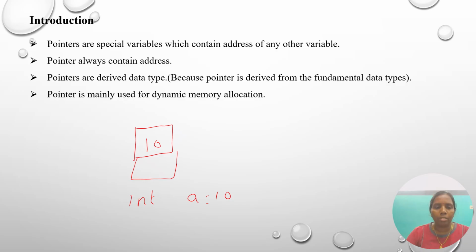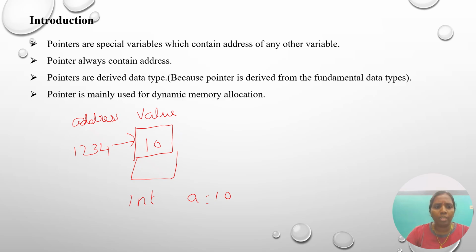A pointer will point to some address. So this is the address and this is the value. In this address location only this value is stored. How we are going to program this using pointers is dealt with in this video.